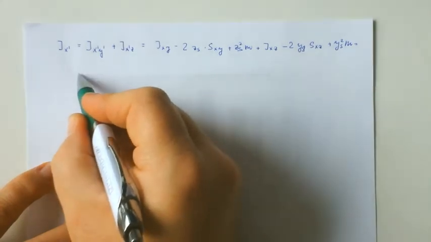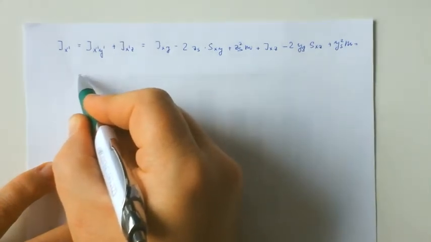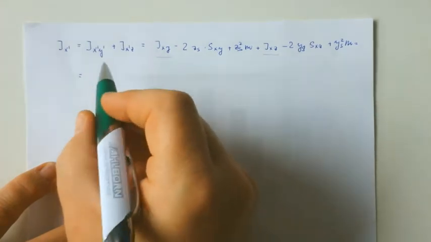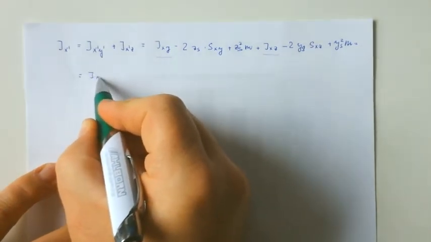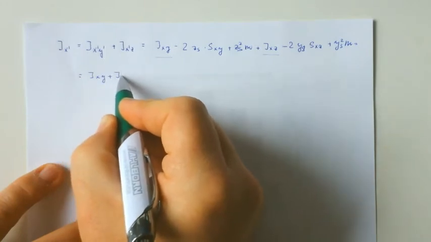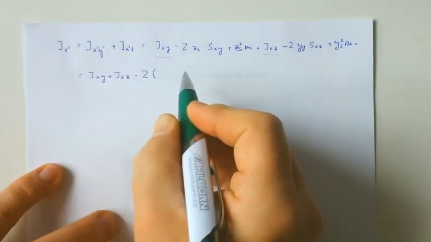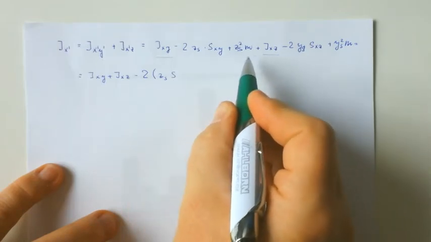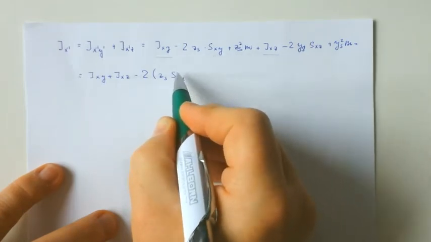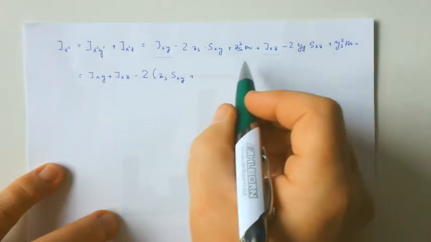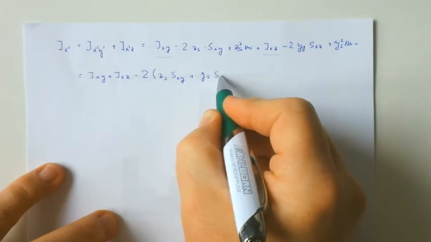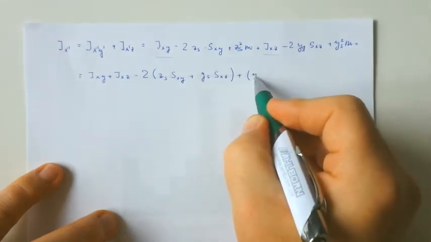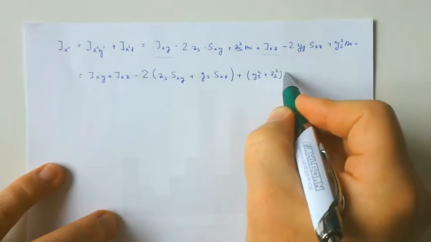So from this we can put these values together, so it is Jxy plus Jxz minus 2 by zs Sxy plus ys Sxz plus ys square plus zs square m.